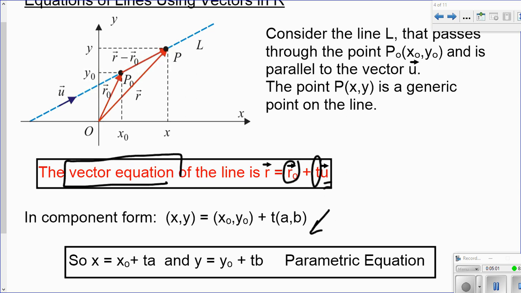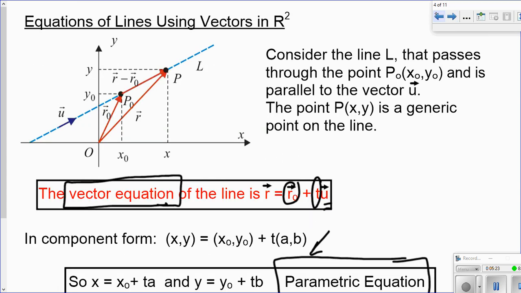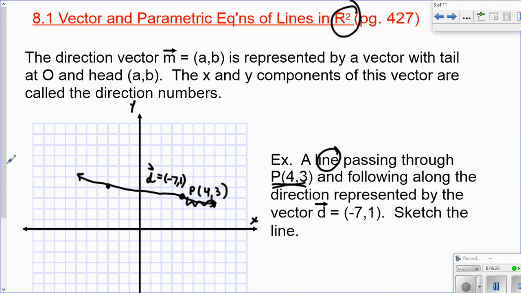So we've got two types of equations to represent our lines with vector expressions. First is a vector equation, so we represent it as a vector, and then a parametric equation that we're just going to expand. So vector equations, okay, let's go back to my original example here.